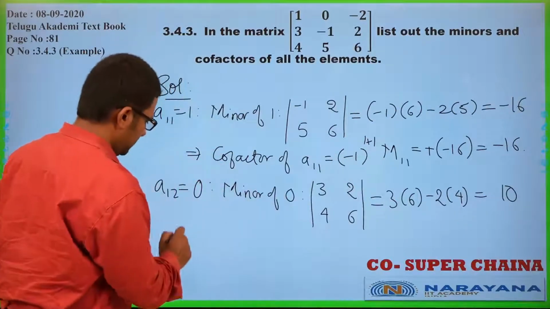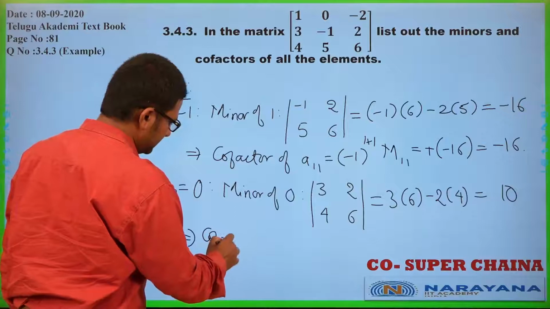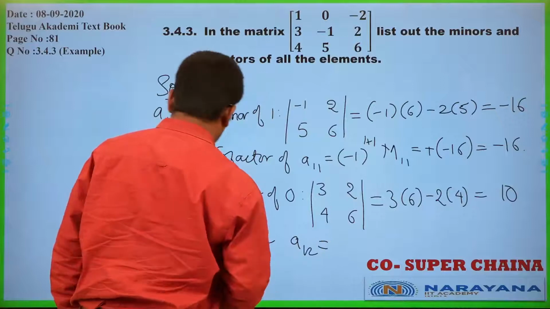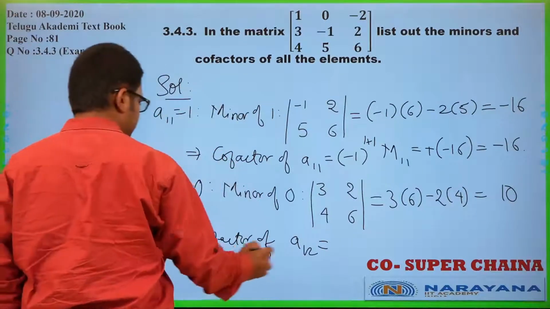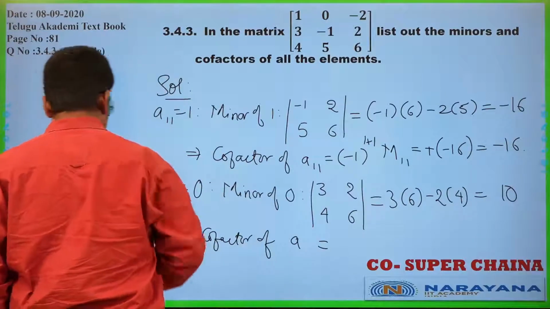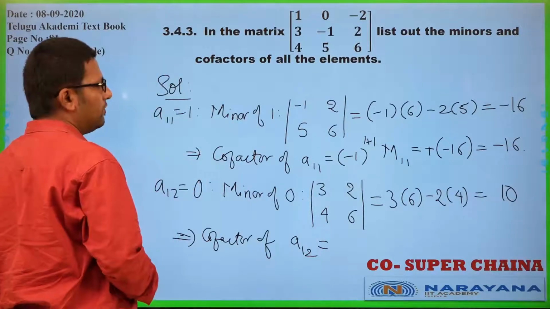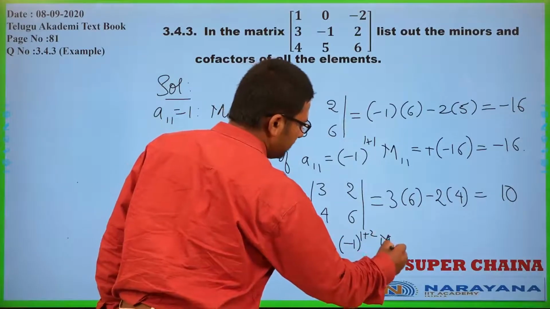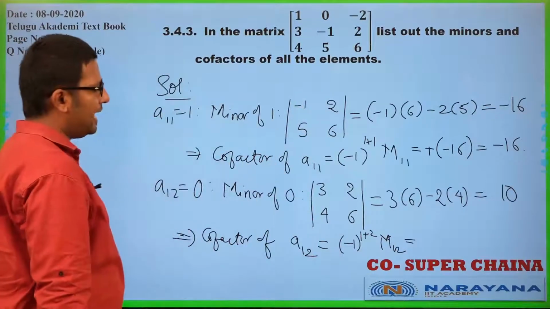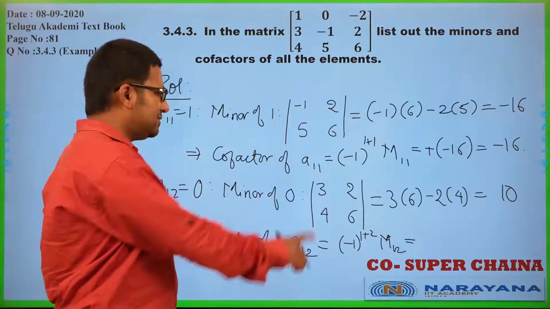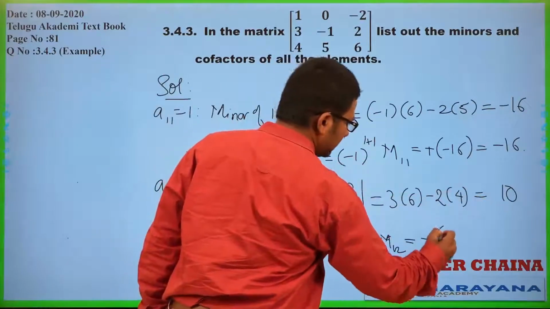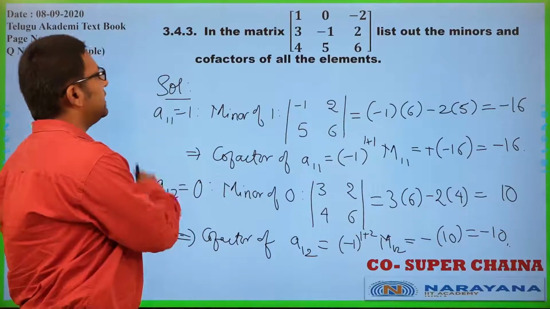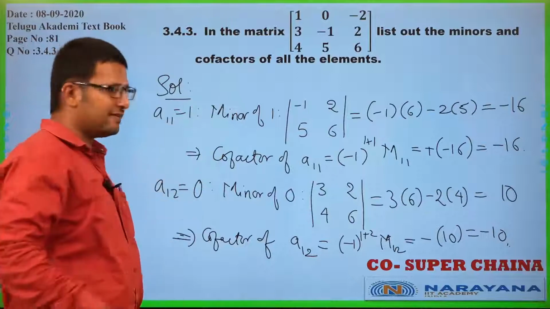Implies cofactor of A12 is minus 1 raised to 1 plus 2 into M12. And minus 1 raised to 3 is minus 1 itself. So minus of whatever this value is, so minus of 10 equal to minus 10. Okay, minus 10. So we have minor and cofactors of A11, A12.